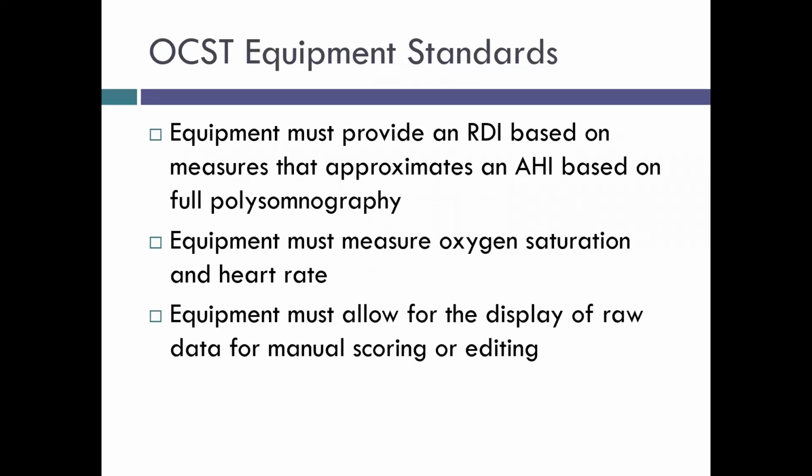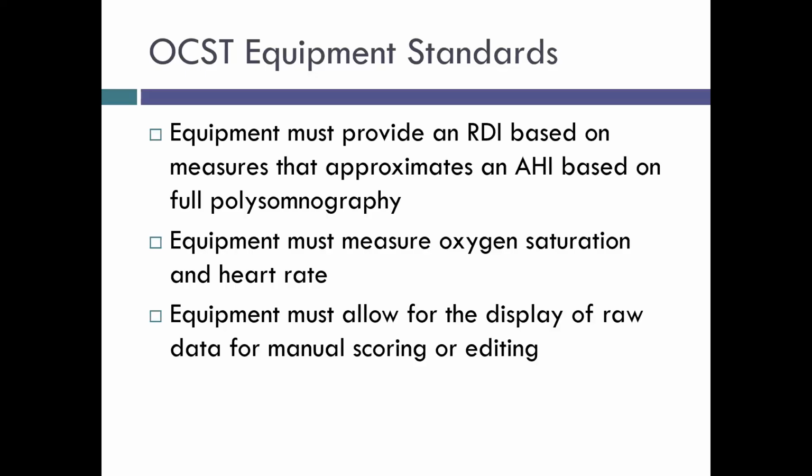So think of the definition of an RERA. We need an EEG arousal in order to meet that definition. Because of that, we can't score RERAs off of a home sleep test. You get it? We don't have EEG on them. We can't say the patient definitively woke up, even if you see everything in the flow and respiratory channels that would look like a RERA, because we don't have EEG that supports that the patient truly woke up.